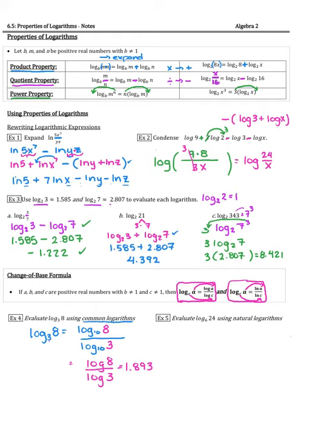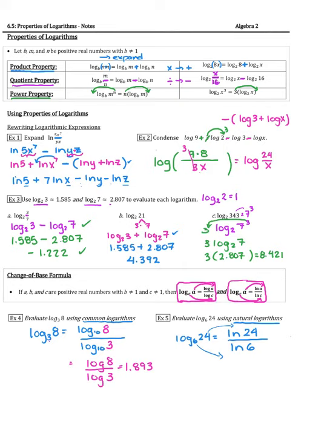Same thing for your natural log. So you're given log base 6 of 24. So I write natural log on top, natural log on bottom. So the subscript is going to go downstairs. The argument goes upstairs.